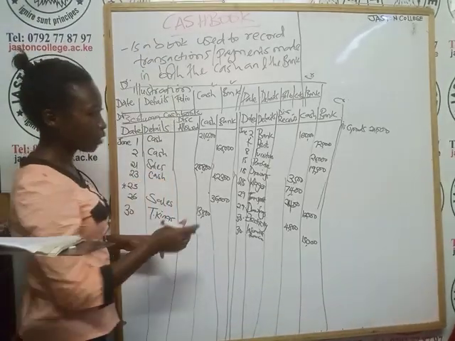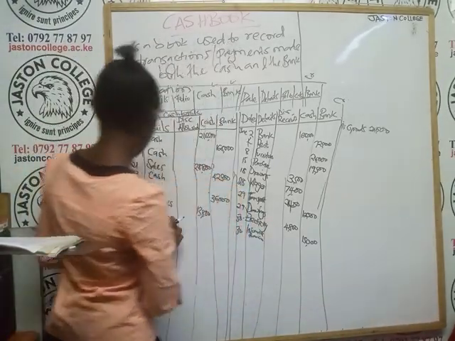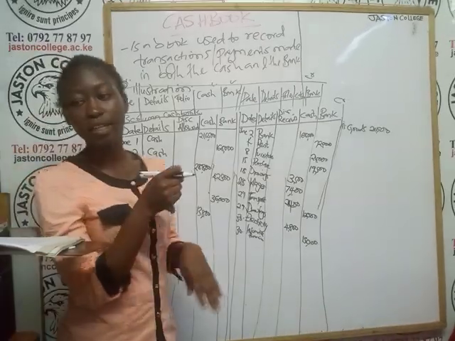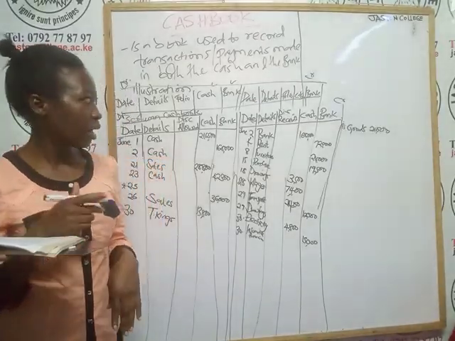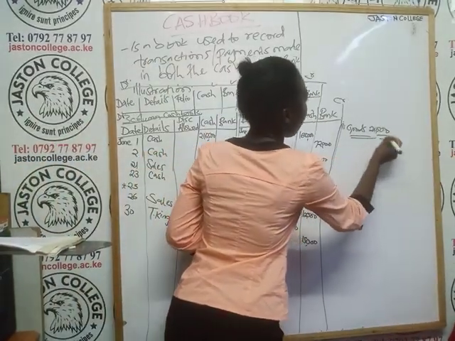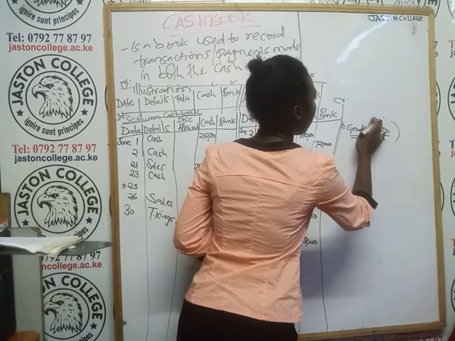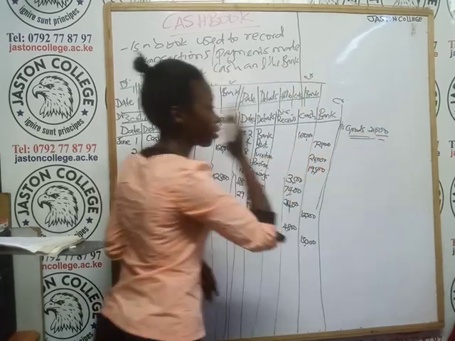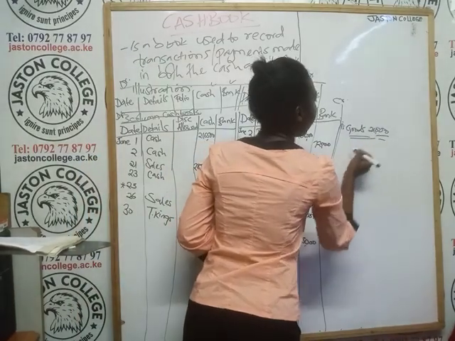So that were our dates. But we have this date, 25th. On the 25th, the goods were worth 21,000 and they had a discount.